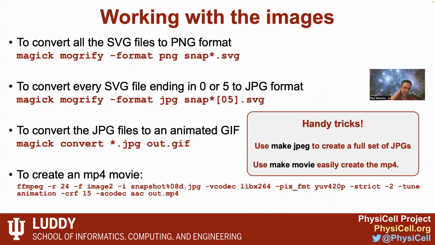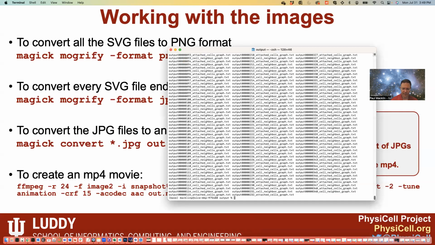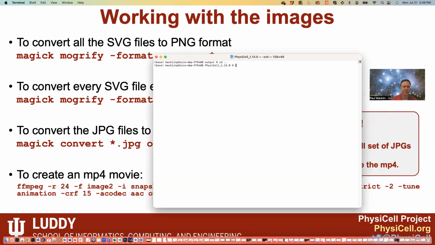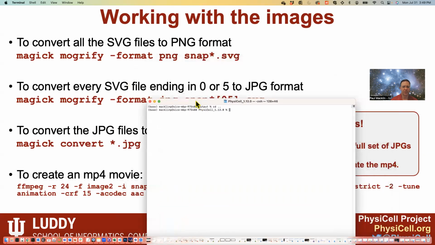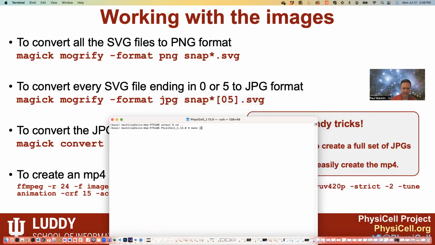But in most of our projects now, we create makefile rules that are designed to make this much easier. If you are in, for example, your root directory, you can type make jpeg, and it'll convert all the SVG files, all these snapshot files in your output directory, into JPEGs that are ready for animation.